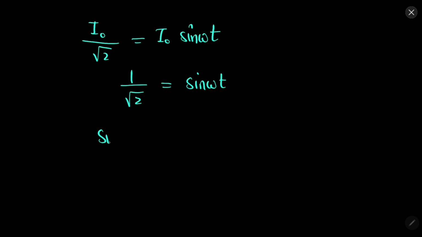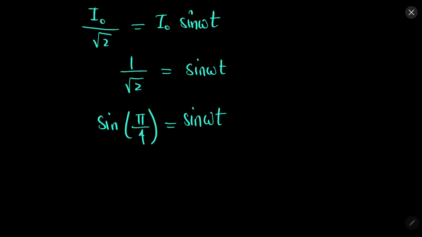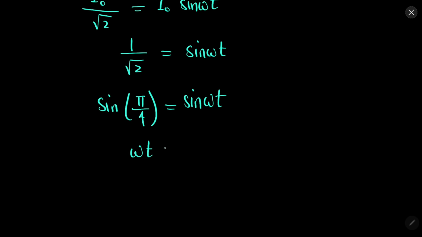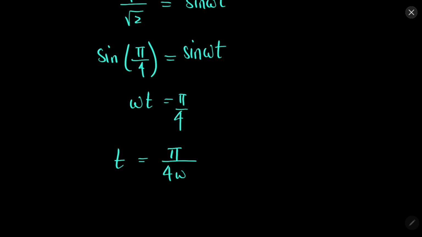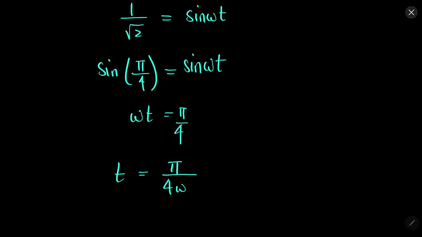We know that 1 over root 2 is when sine is pi by 4. Sine is 45 degrees. So omega t is equal to pi by 4. Now t will be equal to pi over 4 omega. Now omega is 2 pi f.